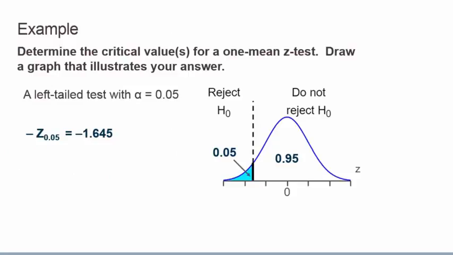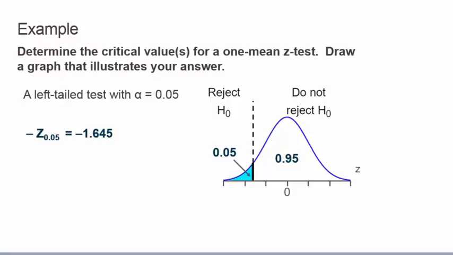This rounds to 1.645. Since I have a negative in front of my z, I also put a negative in front of my answer, which gives me a critical value of negative 1.645.